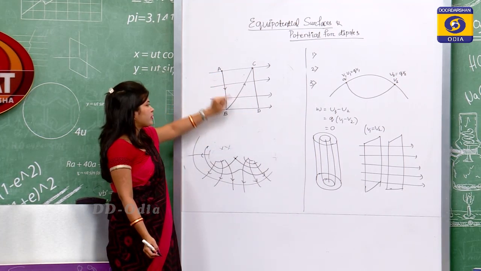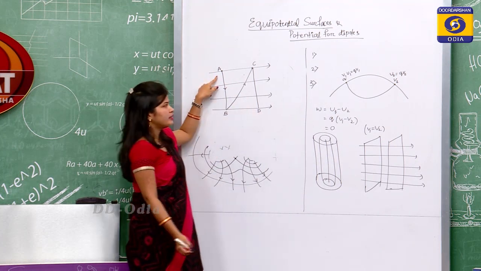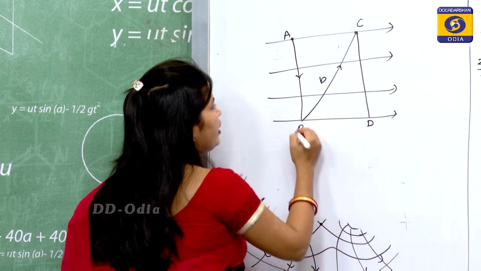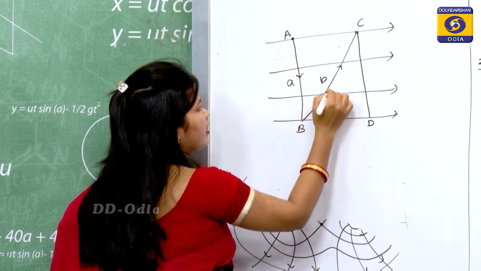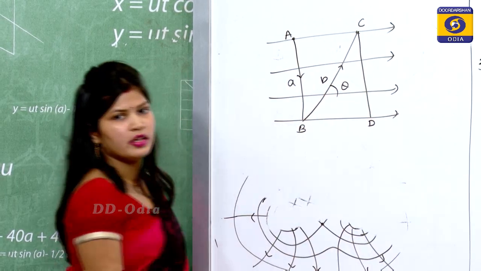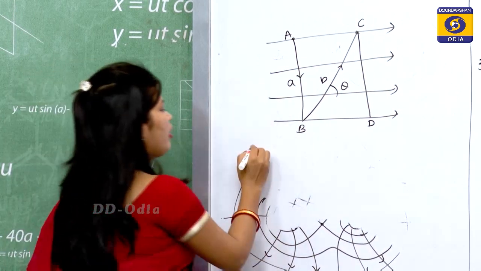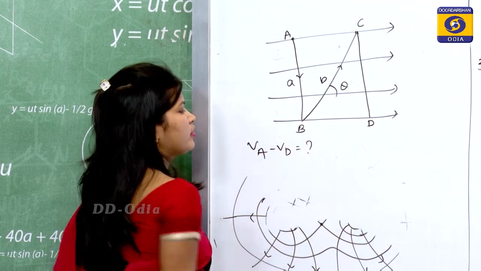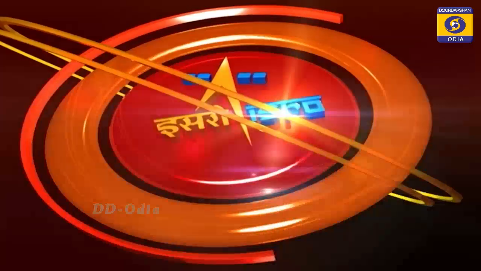That means, yes, this side is B and this side is A, and the angle of elevation is theta. This is given, and you have to find out what is VA minus VD. We will see later.